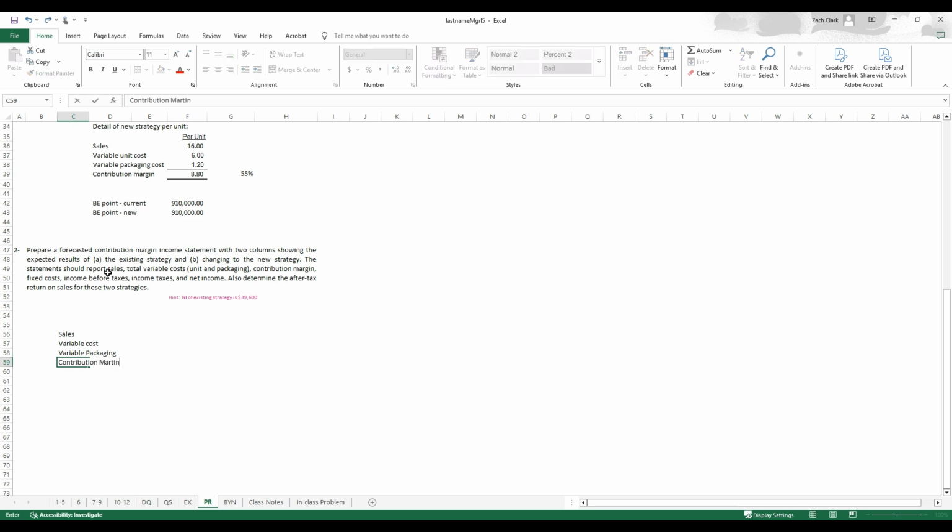Contribution margin, fixed cost, income, let's call it pre-tax income. Let's say tax at 20%, and then net income, and it asks us to calculate a return on sales.